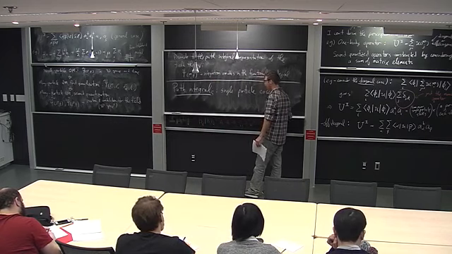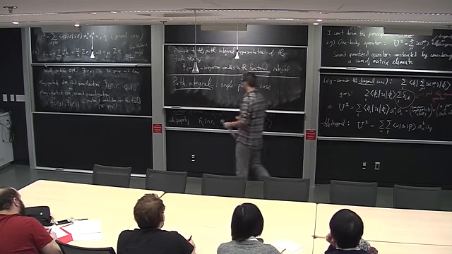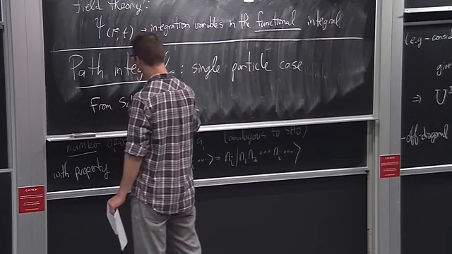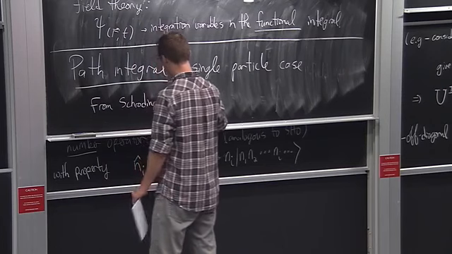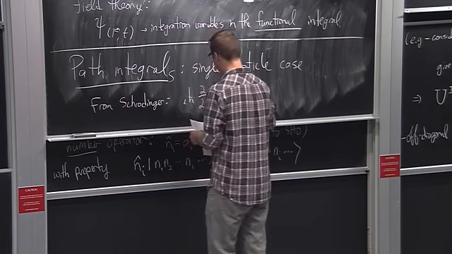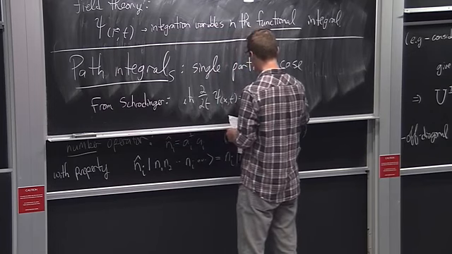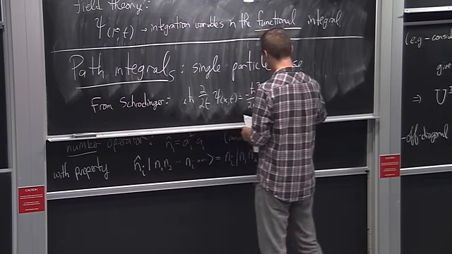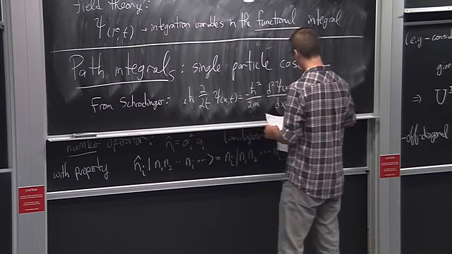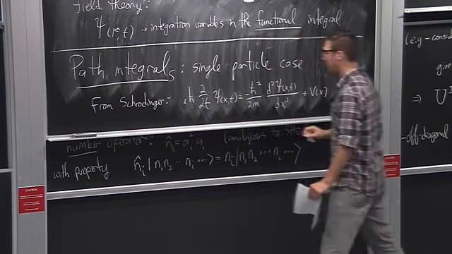This is something you could have done in undergrad, but in my experience, most people don't do this. So we're just going to start from scratch. Start with the Schrodinger equation. Oh, and let's just work in one-dimensional space. So I got the full time dependence. On the left-hand side, I have the time derivative.